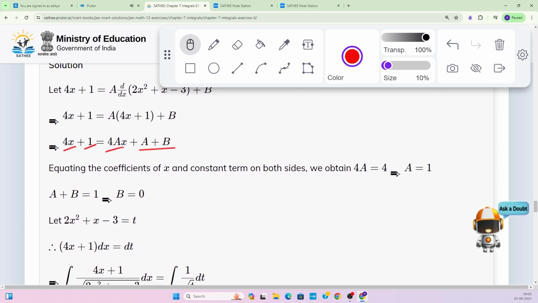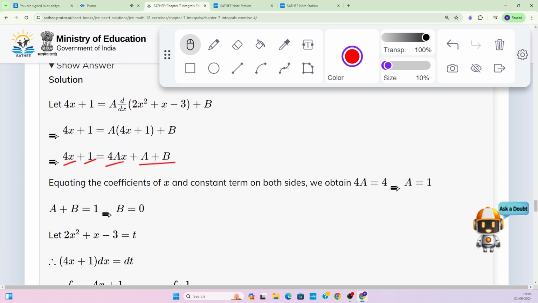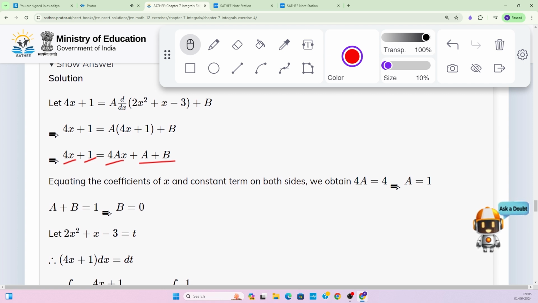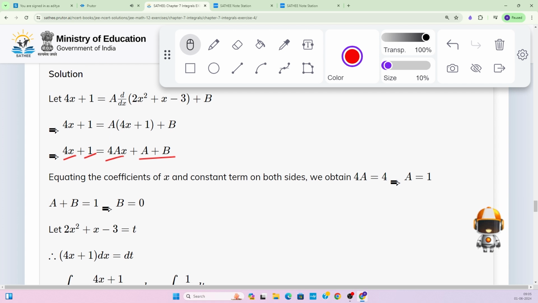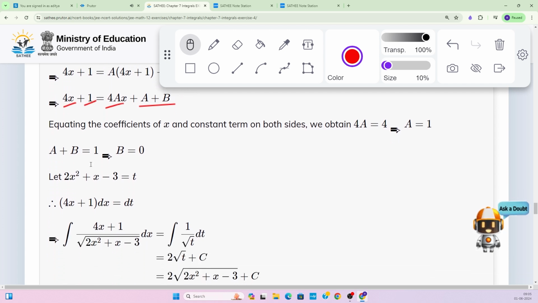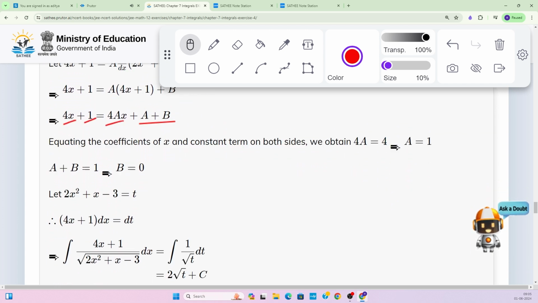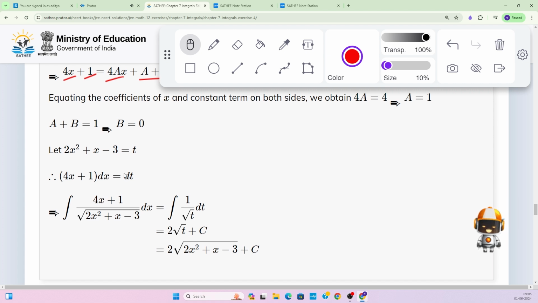What you have to do is quite simple. Take 2x square plus x minus 3 equal to t. Now dt will be (4x plus 1) dx.